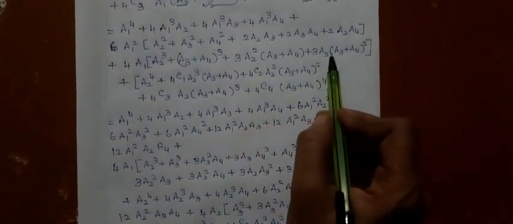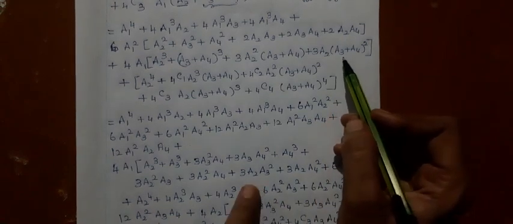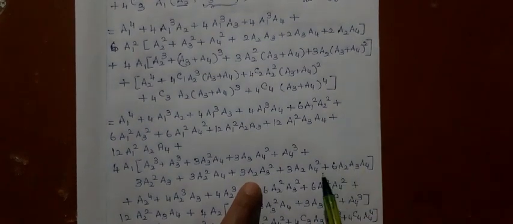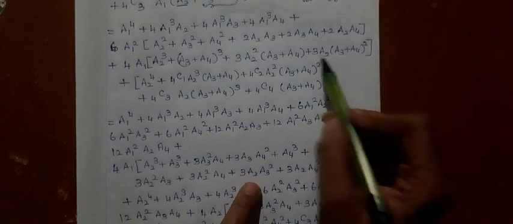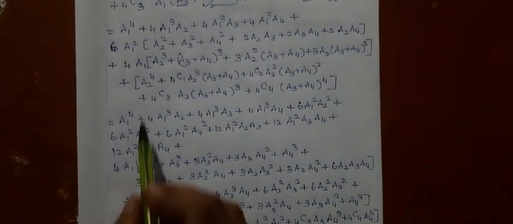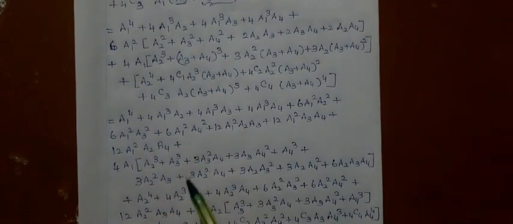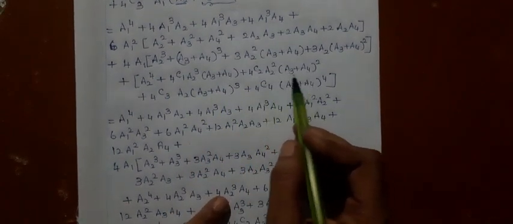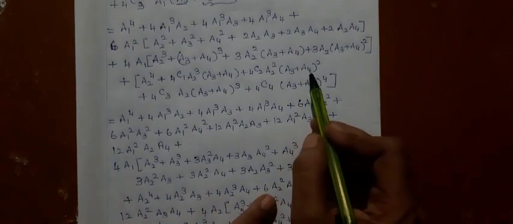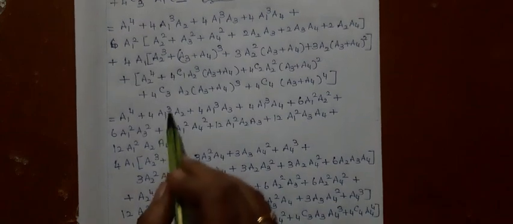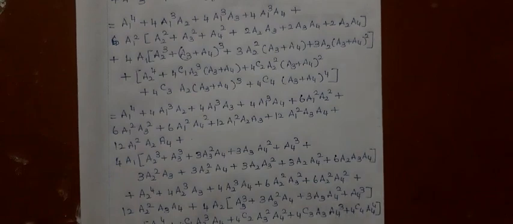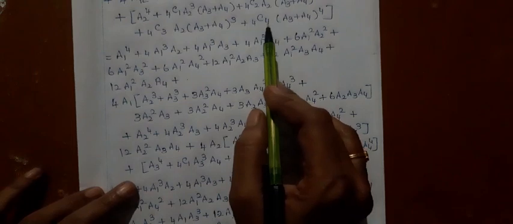And here I just multiply, 3a2 into, I have done it directly, a square plus b square plus 2ab: 3a2 a3 square plus 3a2 a4 square plus 2ab means 2a3 a4 into 3 is 6 a2 a3 a4, plus a2 power 4, 4C1 I have written as 4 a2 cube a3, 4 a2 cube a4 plus 6 a2 square, I have directly multiplied, 6 (a square plus b square plus 2ab), plus 4C3 is 4, a2 times (a cube plus 3a square b plus 3ab square plus b cube), plus 4C4, again 4C4 is 1.